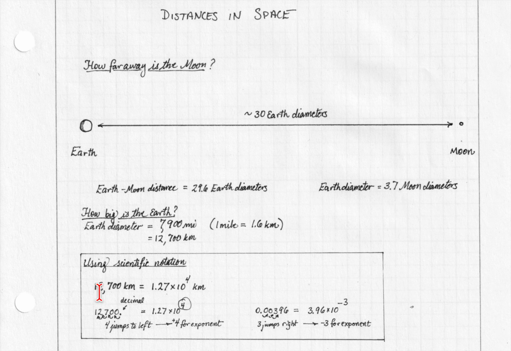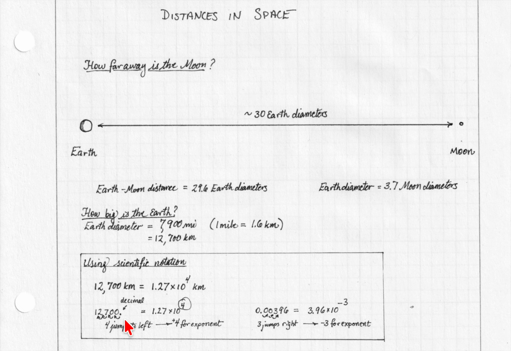If we take the number 12,700 kilometers, the normal way we would write it in scientific notation is we would take the decimal point, pointing at it there. It's at the end, since these are whole numbers I'm using.